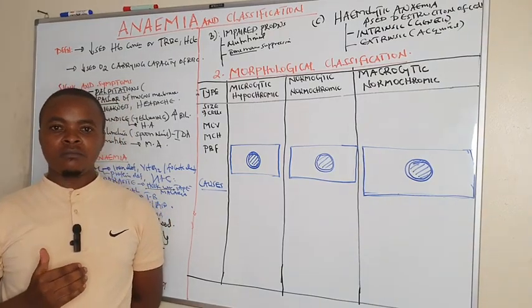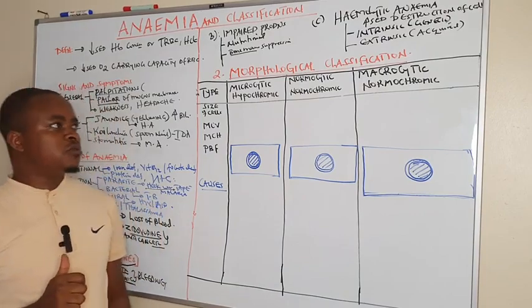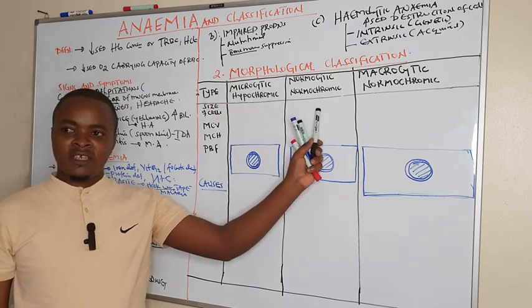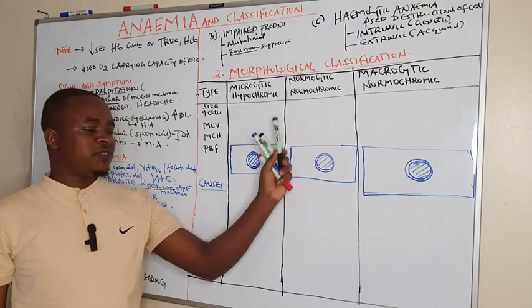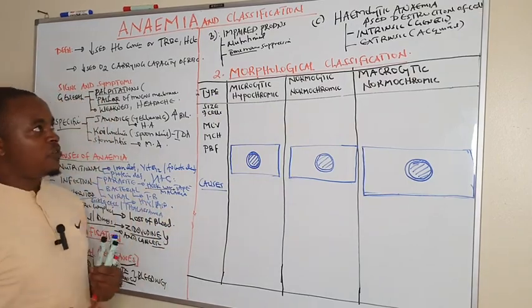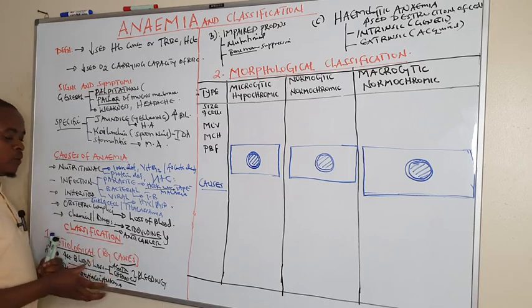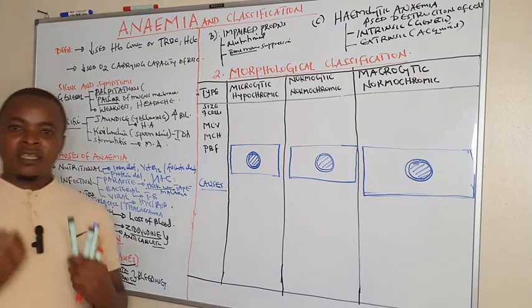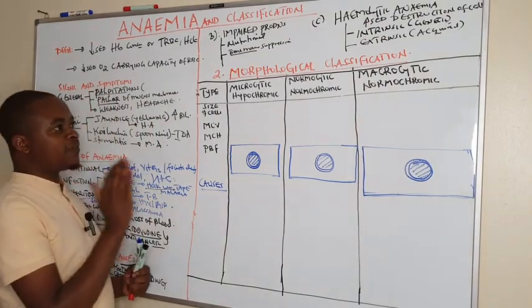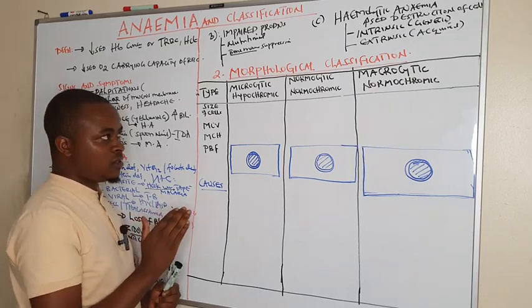video. So in today's video, we want to go on to the second classification, which is the morphological classification, and we are going to talk about it in detail. Then in the next video, we shall explain more on the etiological classification of anemia. So, classification by morphology.